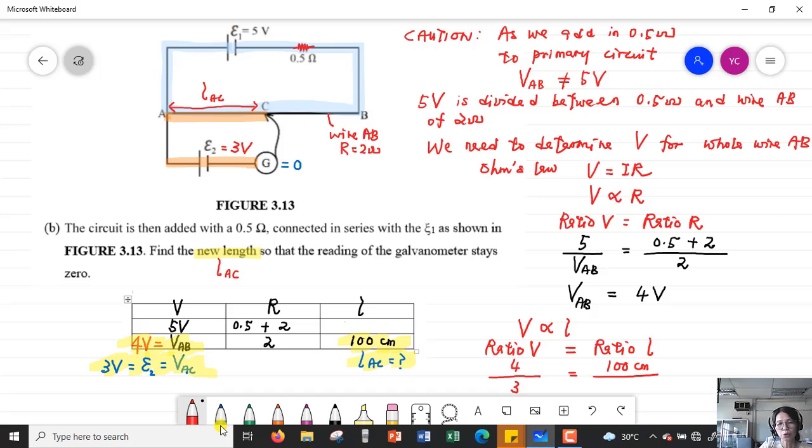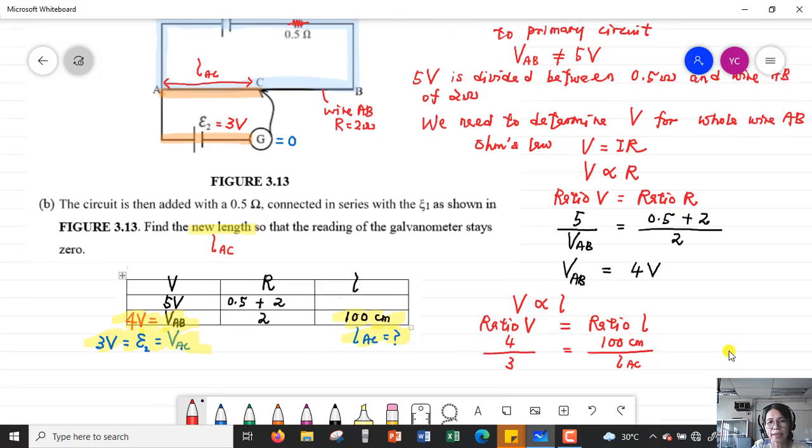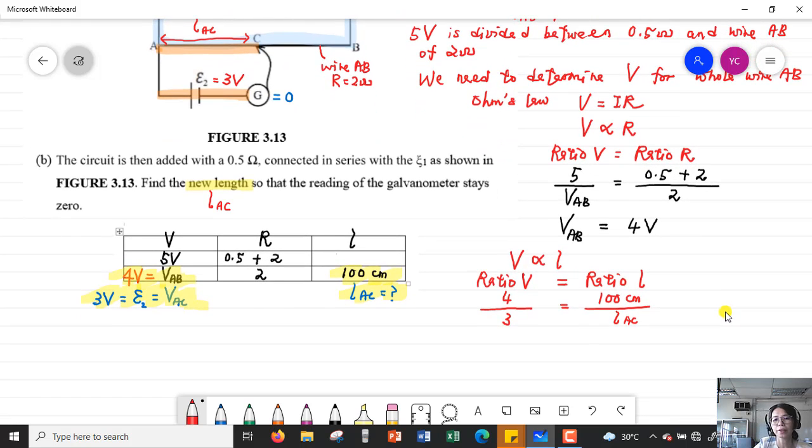So if 3 volt, the length will be how much? Teacher labels it as LAC. So we can calculate LAC. You might pause the video to calculate the value of LAC, the new balance length. When we do the calculations, the new balance length should be 75 cm.